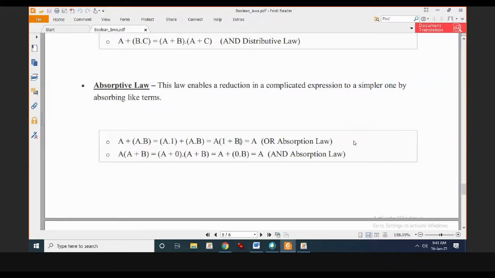Just now we saw the rule: 1 plus A is equal to 1. Similarly 1 plus B is equal to 1.